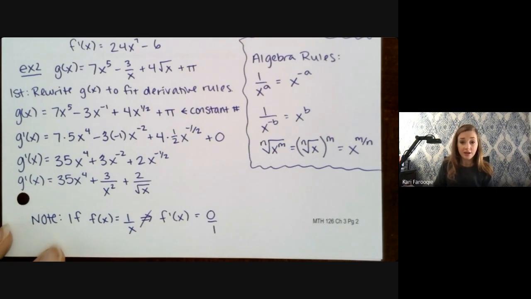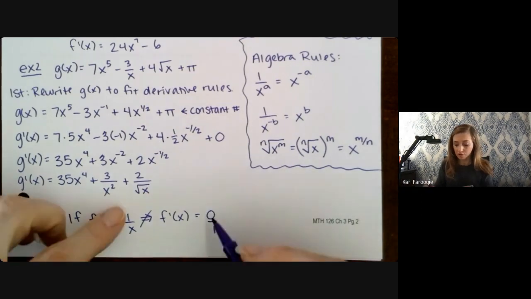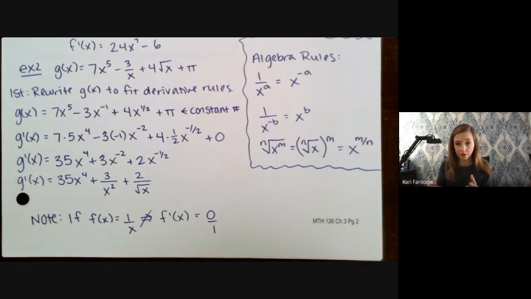You can't take the derivatives of the numerator and denominator separately. You have to be able to match a rule. That's one thing that makes this a little bit trickier. You can't just be willy-nilly taking derivatives wherever the expression lies in a fraction. You have to be able to fit a rule.